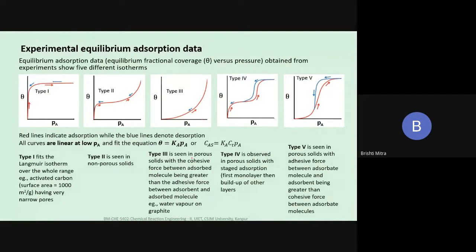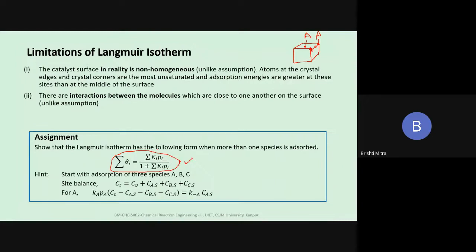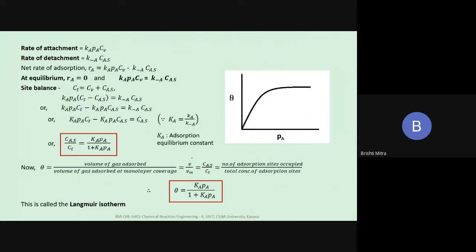Now what we see is that when we have experimental equilibrium adsorption data, I had told you what experimental adsorption data is, that when we have theta versus Pa. Now let me just go back and remind you. In the case of a Langmuir isotherm, we had seen that when we plot theta versus partial pressure, we have a straight line.